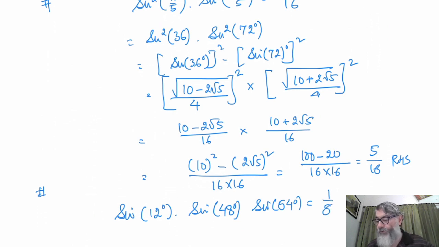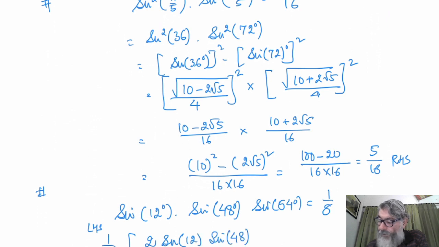So what are we going to do? 2 sine A sine B. So 1 upon 2 on the left hand side, we divide by 2, multiplied by 2. 2 sine 12 sine 48, and sine 54 we keep outside.